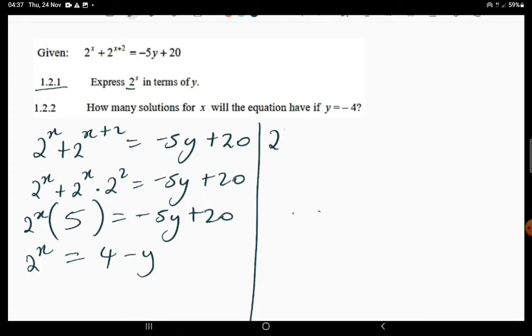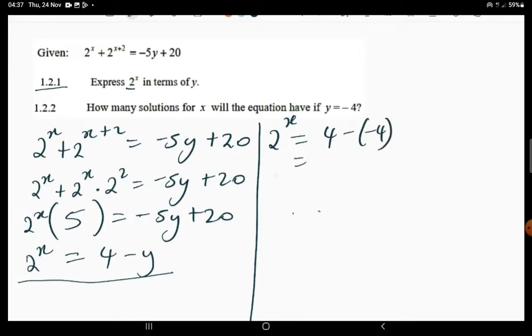Of course, when you have 2 to the power of x, you will have to use the simplified one instead of using this complicated one, because it is going to take you time to simplify once again and stuff like that. So we just need to substitute on this simplified one. So this is equal to 4. In the place of y, we put negative 4 again.